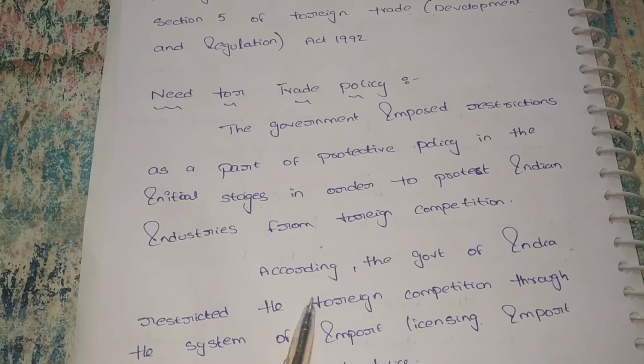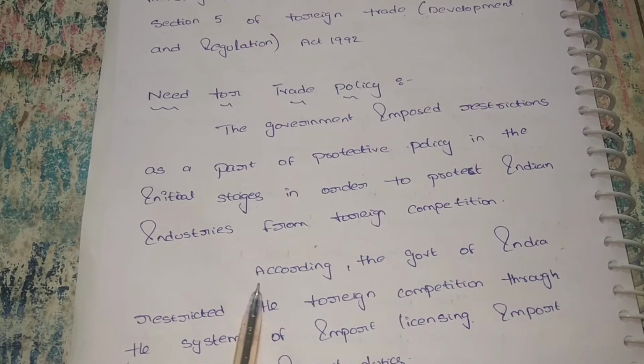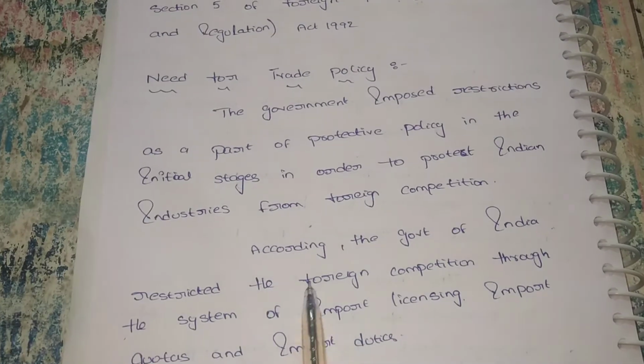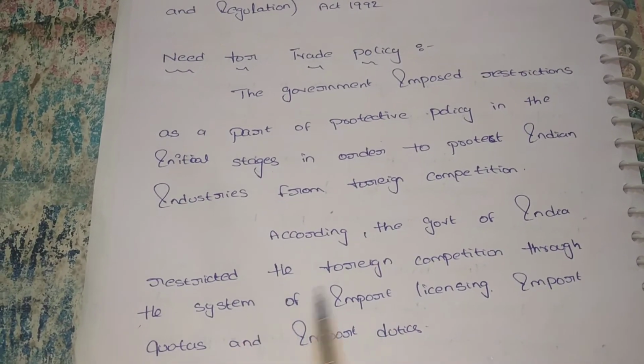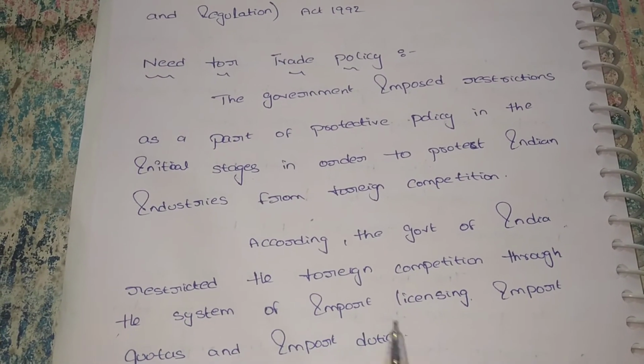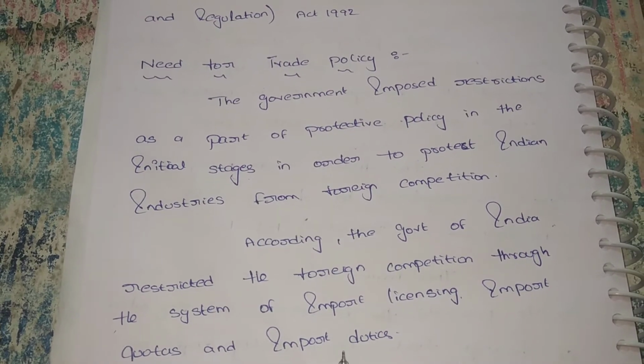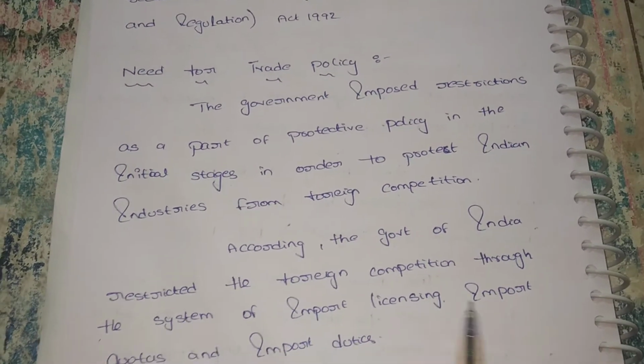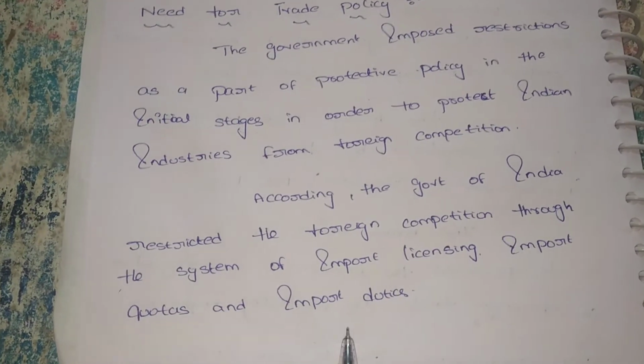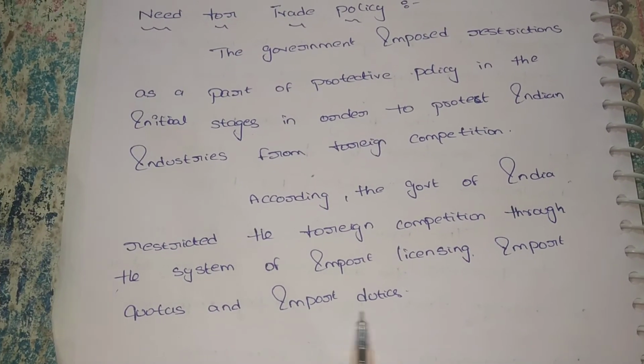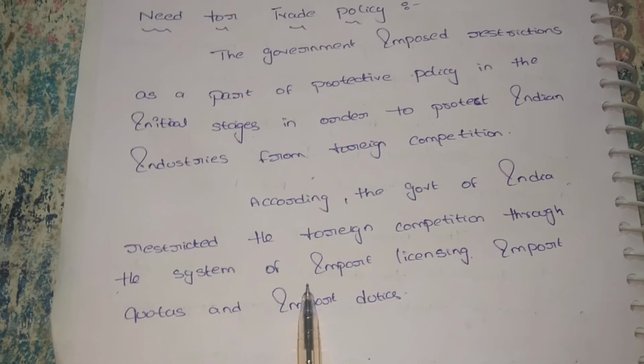For that we have to put some restrictions on foreign goods. The government of India restricted foreign competition through import licensing, import quotas and import duties. Based on these factors, we have to put some restrictions on foreign goods.